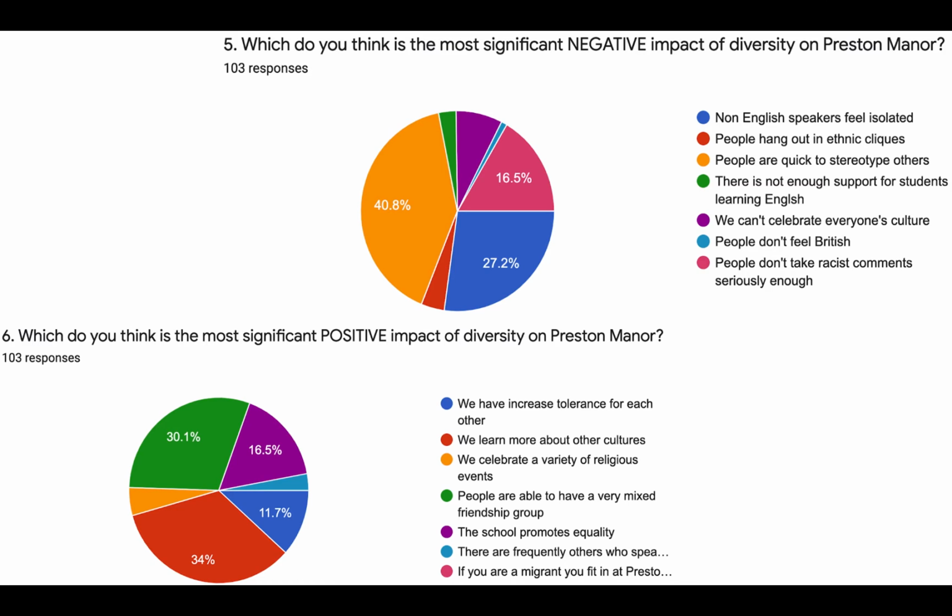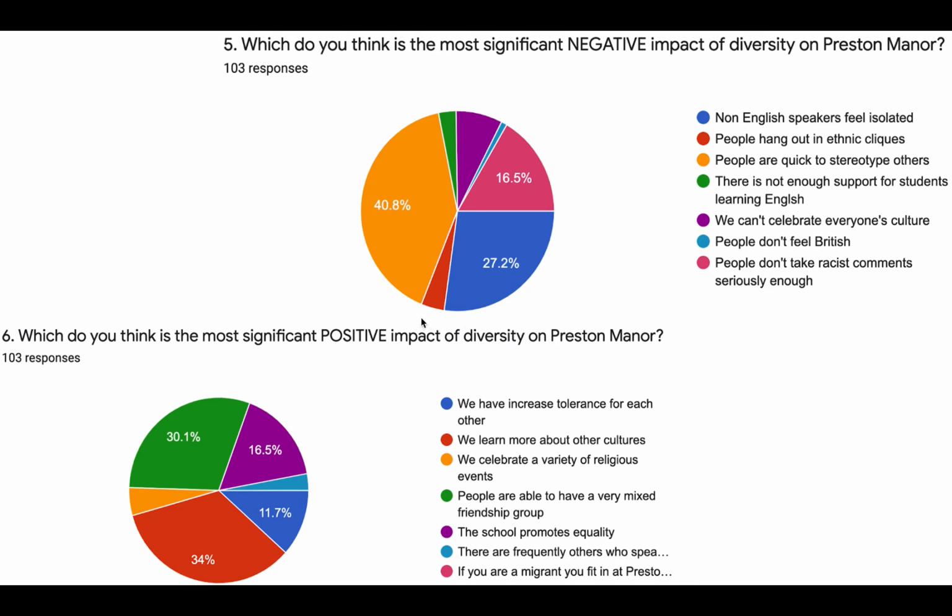And even though people don't feel like overall there are negatives, this is clearly a significant negative of our diversity. Perhaps also you want to mention the fact that non-English speakers feel isolated, or that people don't take racist comments seriously enough, all things that have been raised as amongst the most significant negative impacts of diversity.